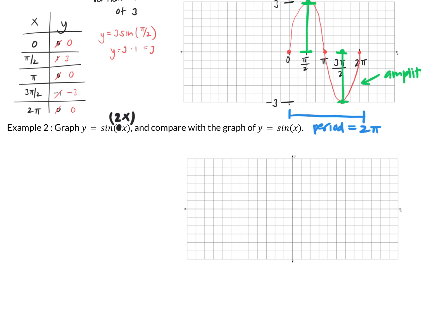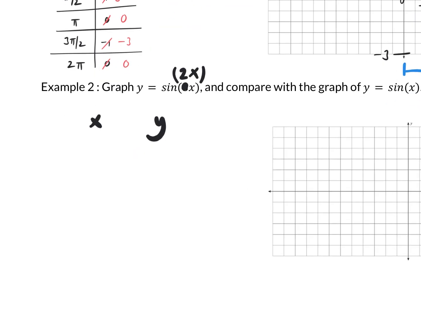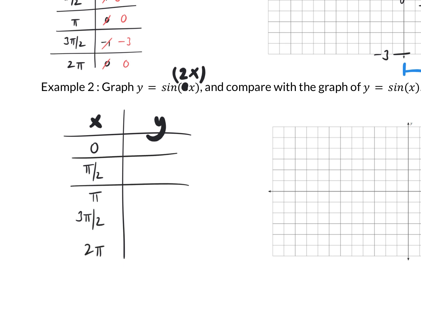Okay, so I'm going to write down my original xy function here for sine and my values that go along with it. 0, pi over 2, pi, 3 pi over 2, and 2 pi. And then we've got the values of 0, 1, 0, negative 1, and 0.